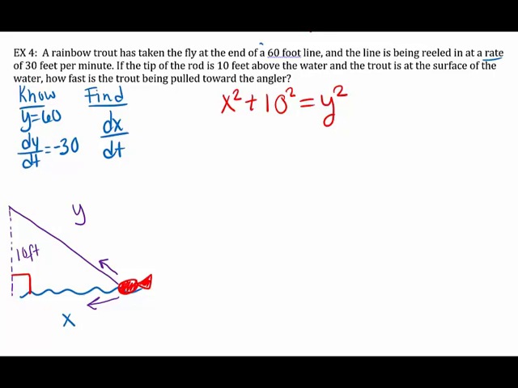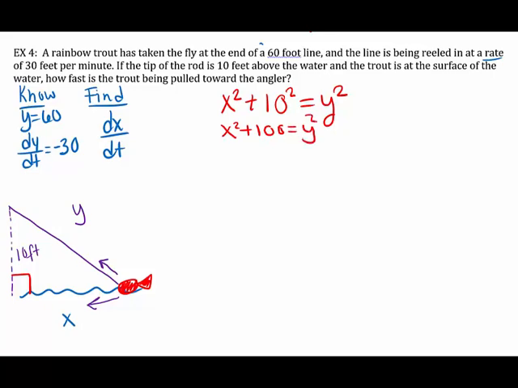So I got the equation x squared plus 10 squared is y squared. Notice because 10 was a constant, I could plug that number in, but y is not a constant, it's changing, and so I can't plug the numbers in yet. All right, so my equation is x squared plus 100 equals y squared.